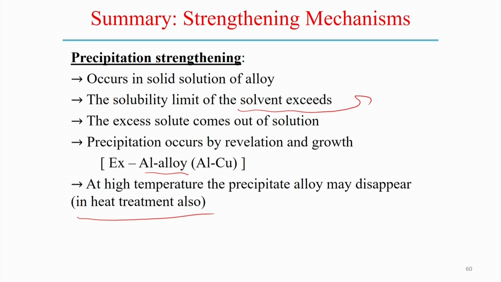So I have tried to explain the different basic mechanisms of strengthening that we observe in single crystal and polycrystalline structures, and we have tried to explain all these phenomena in terms of the stress field generated, specifically in precipitation hardening and solid solution strengthening.